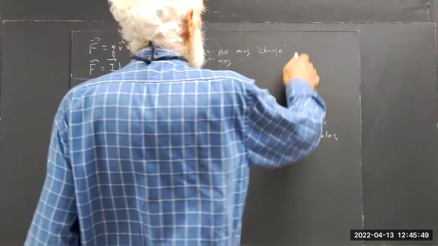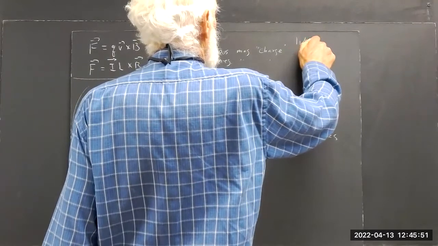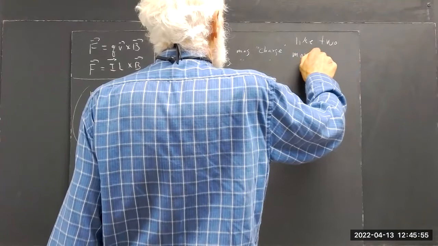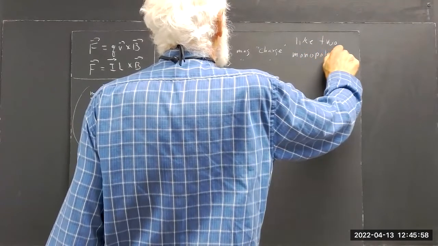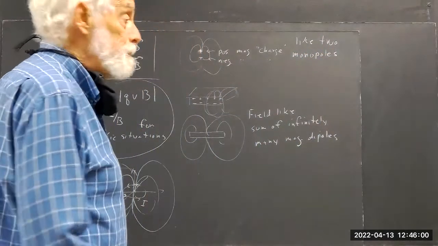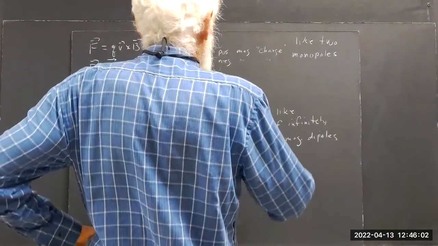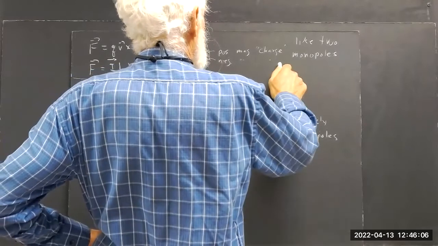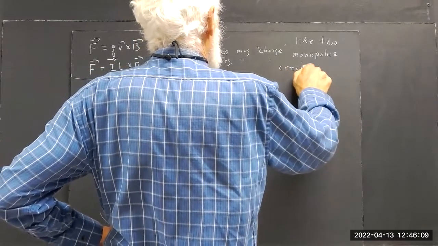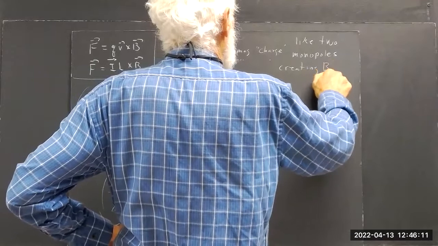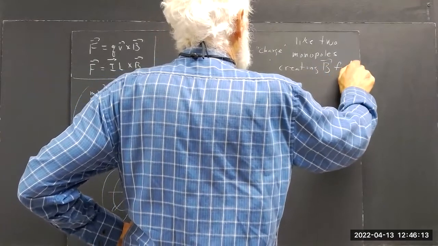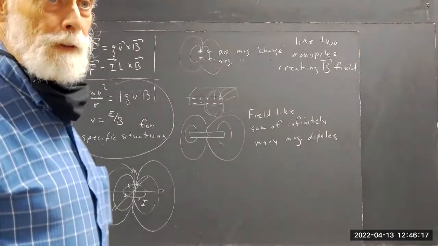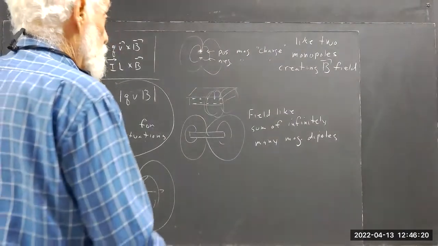So this is like two monopoles creating your magnetic field. I call it a B field. That's pretty common. Okay, pretty common terminology.